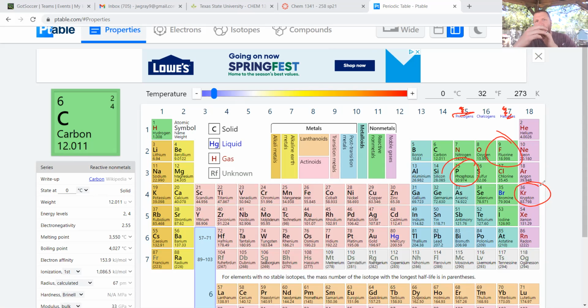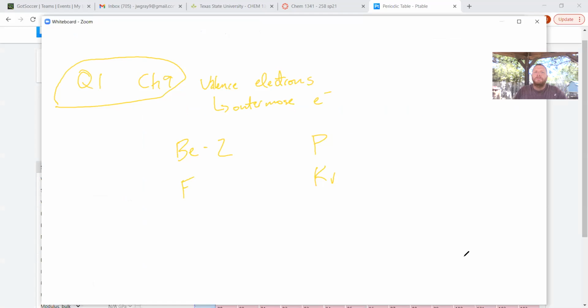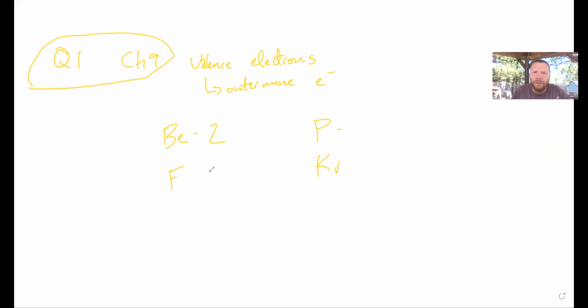So krypton with 8 electrons around it is pretty much happy and content where it is. It generally doesn't need to be involved in bonding, and generally isn't involved in bonding. Okay, so let me go ahead and fill these answers in from what we got.